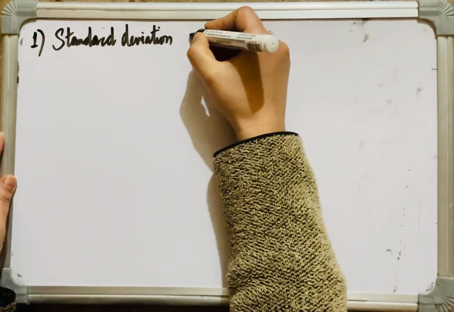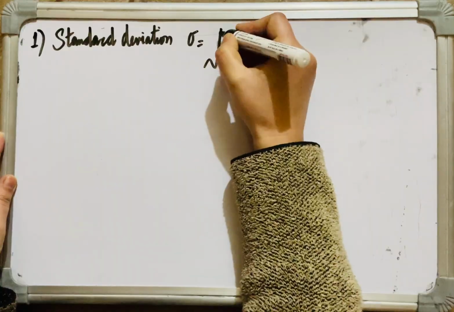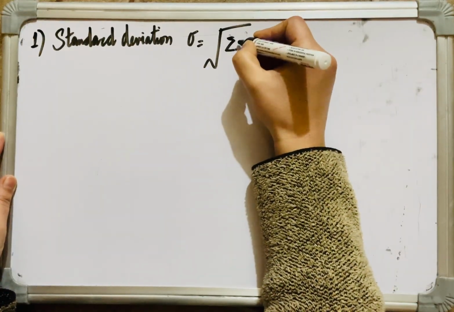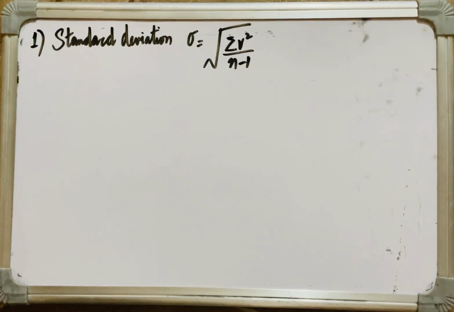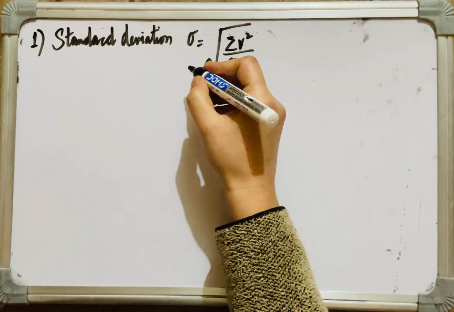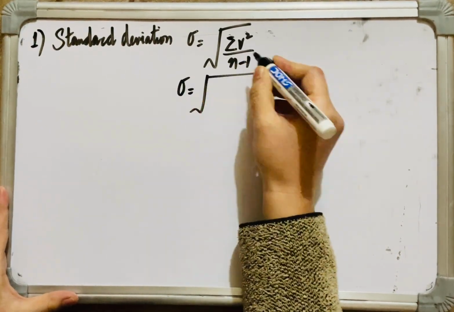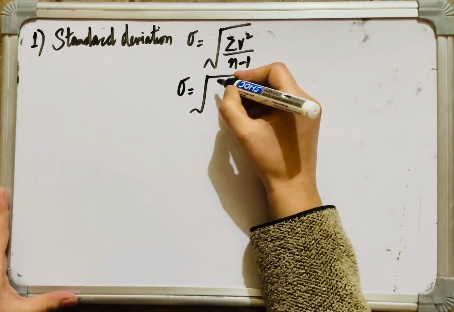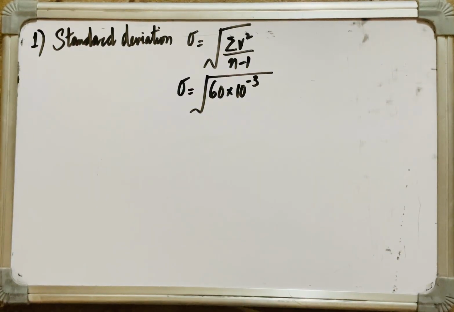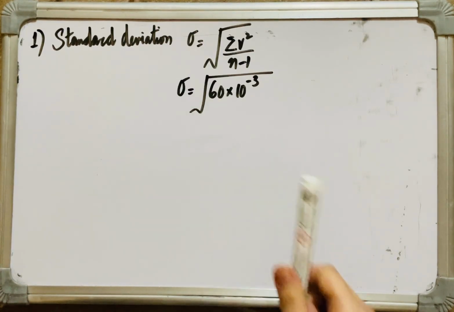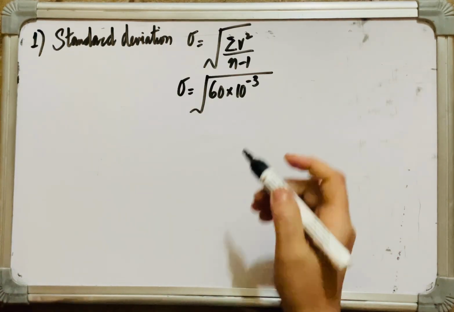By its formula, standard deviation, sigma, is equal to the square root of the summation of v square divided by n minus 1. So let's find it out. Sigma is equal to the summation of v square, which we calculated as 60 into 10 raised to the power minus 3, divided by n minus 1.